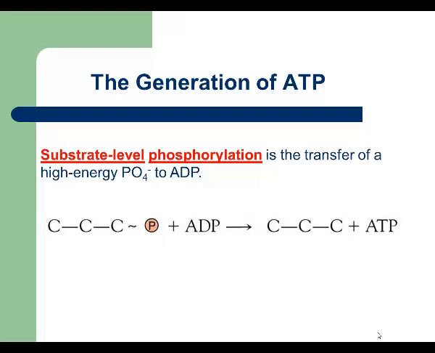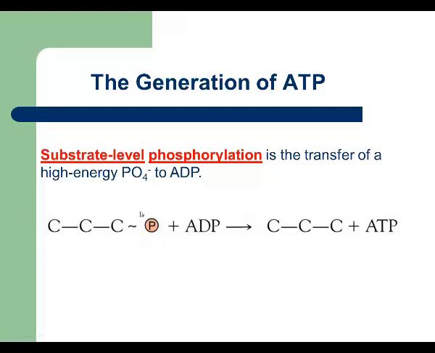The name of this reaction is substrate level phosphorylation. Please remember the name of this reaction, because cells actually use the substrate level phosphorylation reaction to make ATP molecules. On this slide you see some kind of substrate or nutrient used by the cell, and that substrate has a phosphate group in its structure.